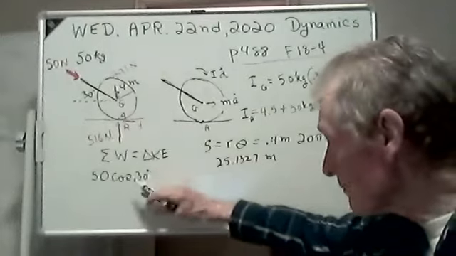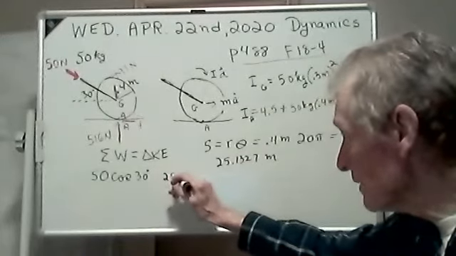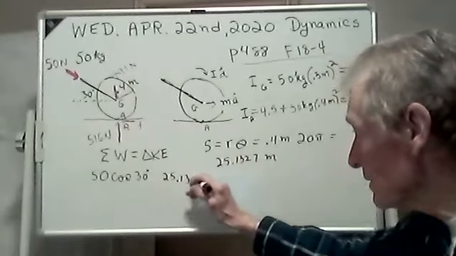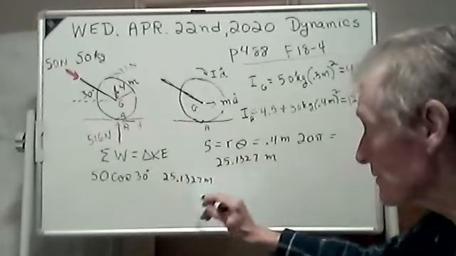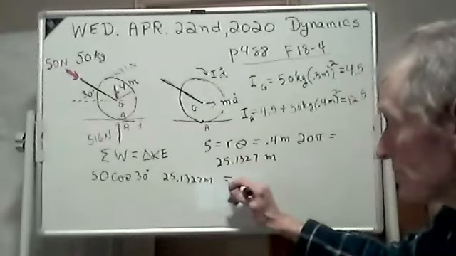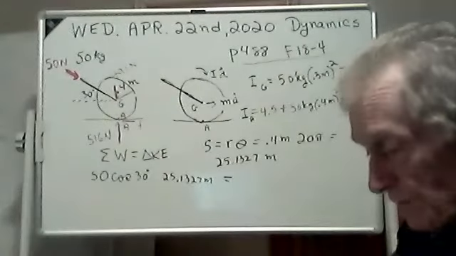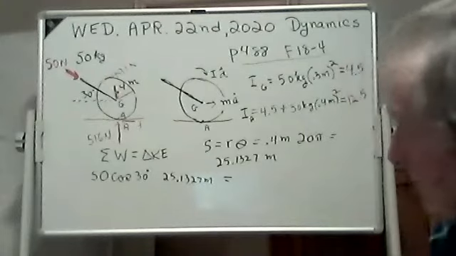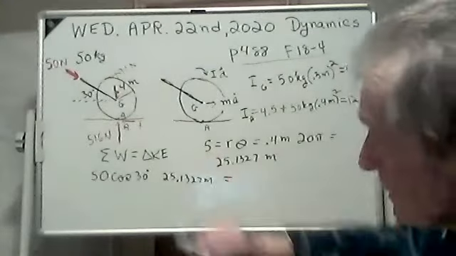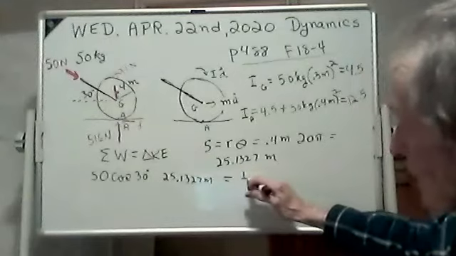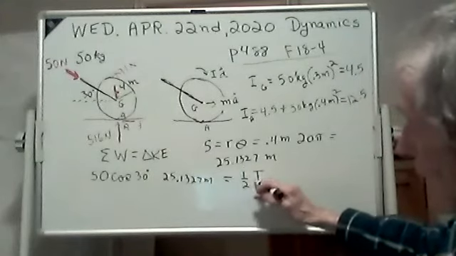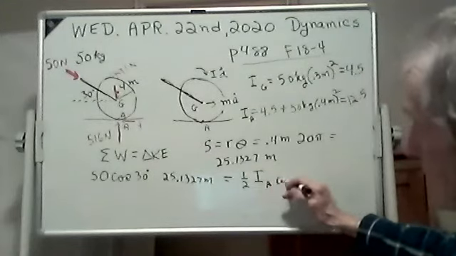Let's put it right here: 25.1327 meters. Okay, we have just figured out the work done by that force. Force times distance, there you have it, equals, and here's where we're going to use 1/2 I sub A omega squared.